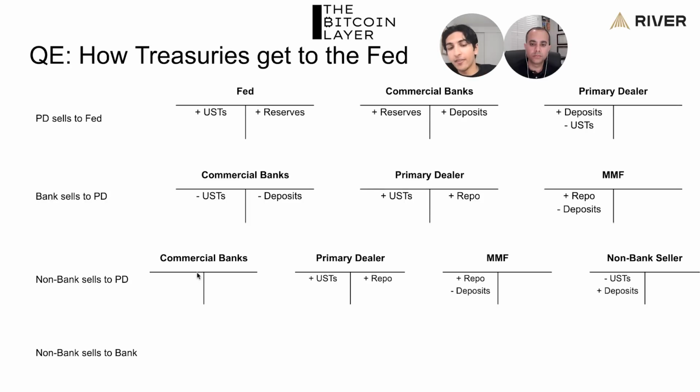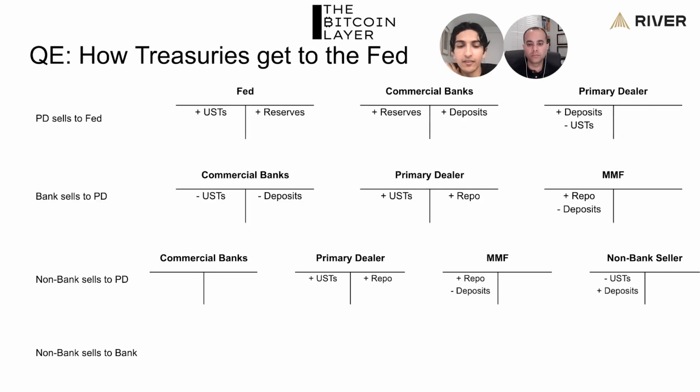But this is again the idea of consolidation: if we take the commercial banking system as a whole, then all these players bank at that commercial banking system, and there's no real transfer of reserves that has to happen. But I included the commercial bank just to make that point.